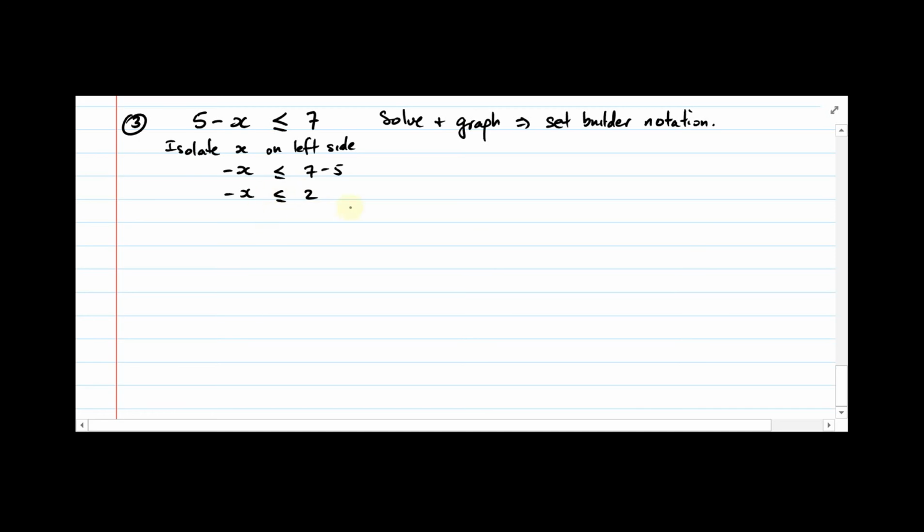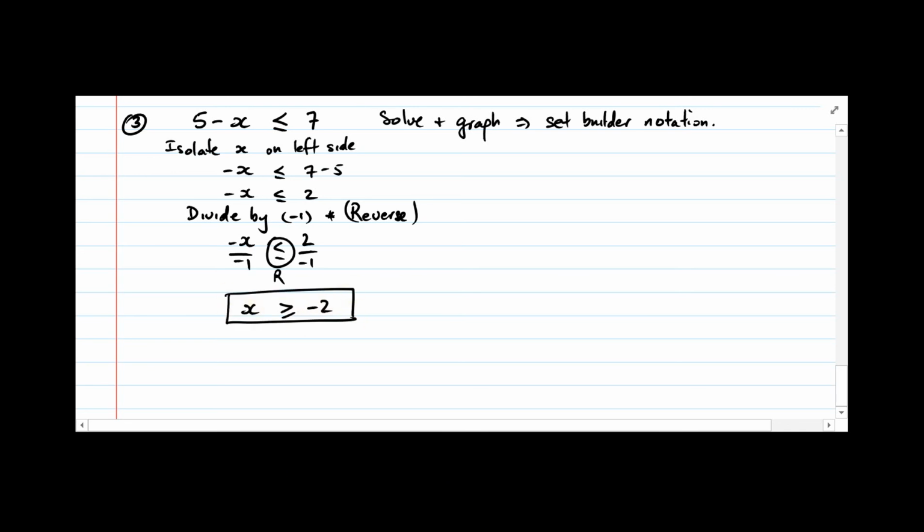Now we're going to divide both sides by negative 1. If it is negative, remember that you have to reverse that inequality. The way that I like to do it is not do everything at once. I'll just put a little r there to show that I'm going to reverse this, and I would end up with x is greater than or equal to negative 2. This is my proposed solution.